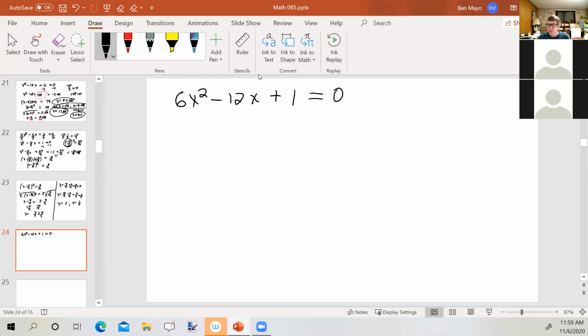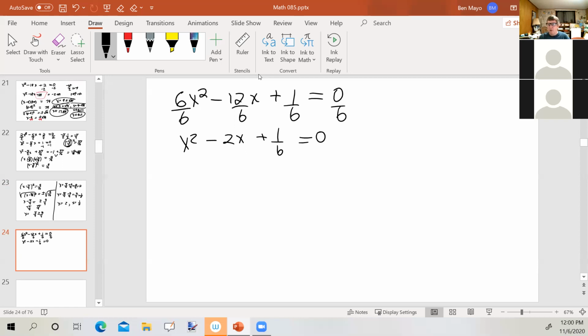It's in standard form, ax squared plus bx plus c equals 0. My leading coefficient is not a 1, so I'm going to divide each term by that leading coefficient to turn it into a 1. So I get x squared minus 2x plus 1/6 equals 0.